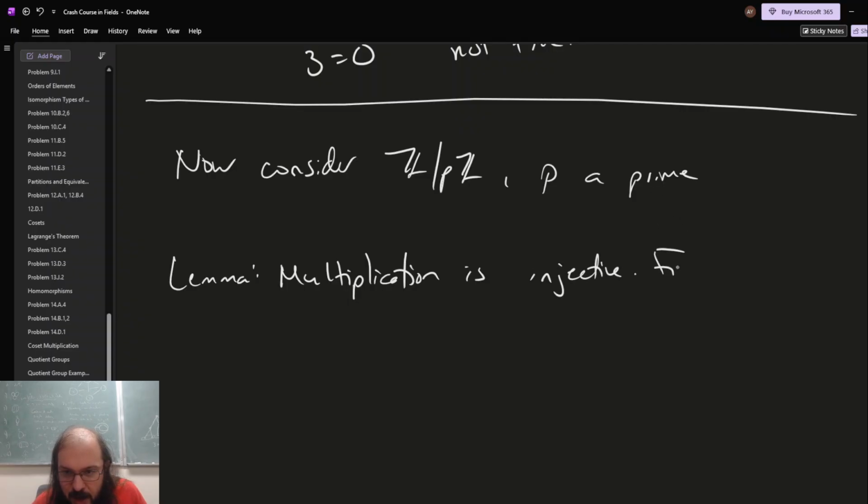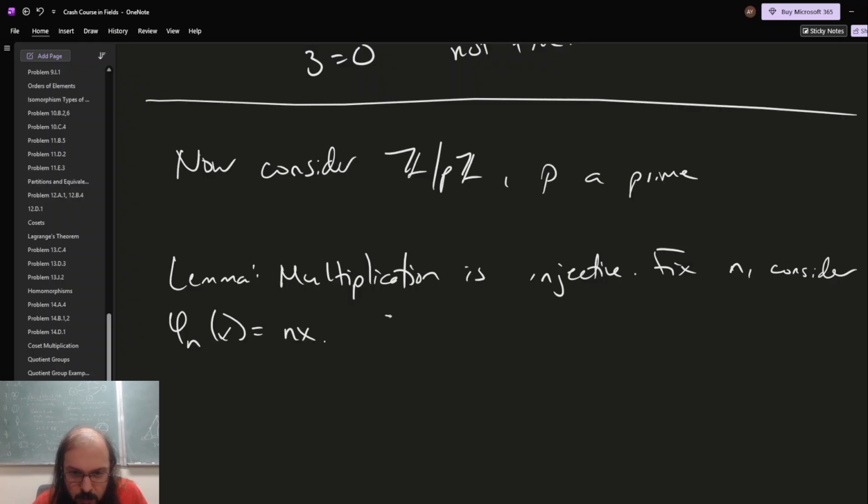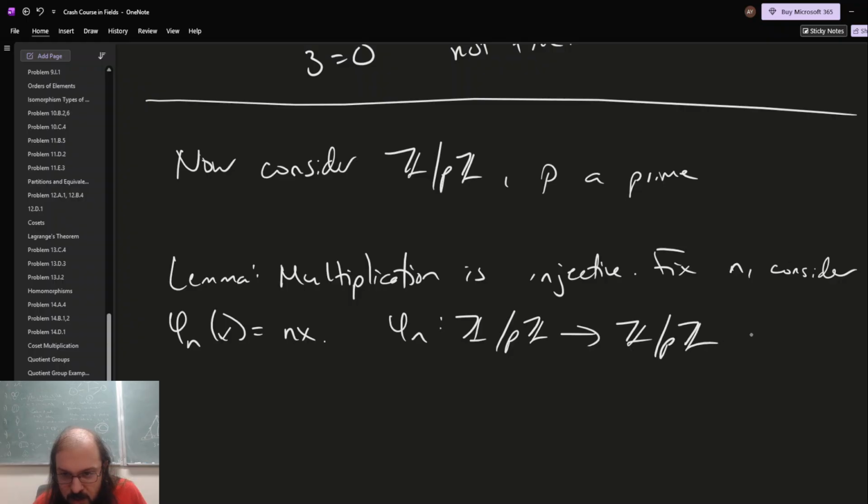So we fix any number n and consider phi_n of x equals nx. Phi_n is a function from Z mod pZ to itself, and it is injective.